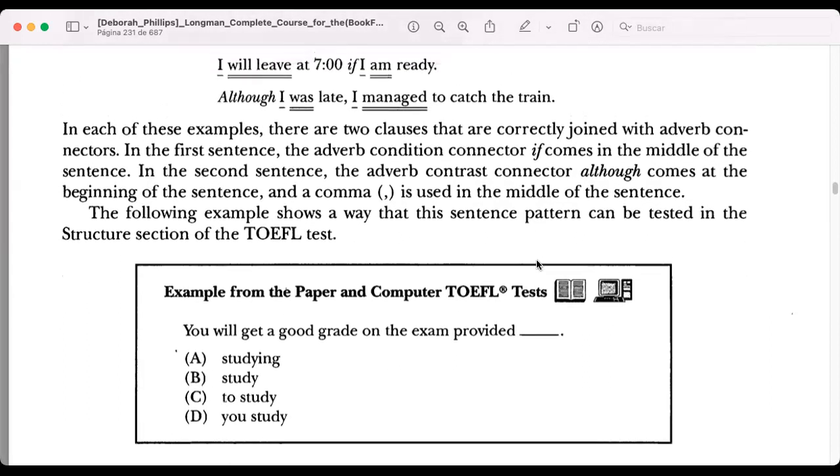You will get a good grade on the exam, provided A, studying, B, study, C, to study, D, you study. Which one do you choose? I think A. A, studying.